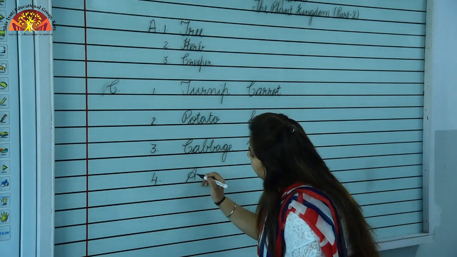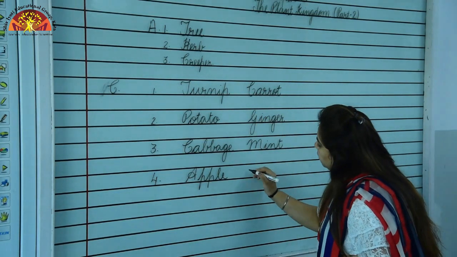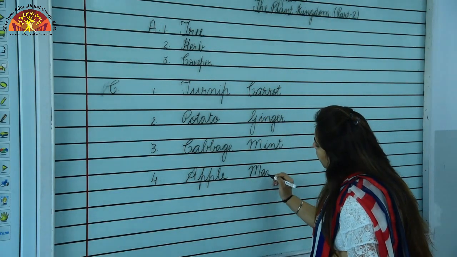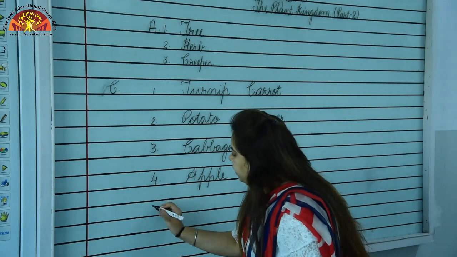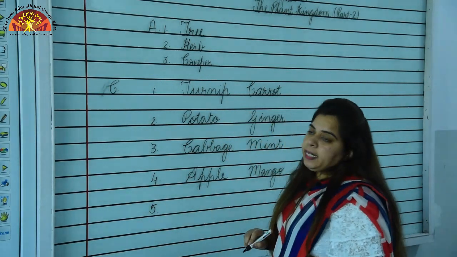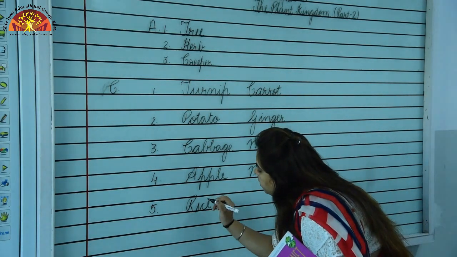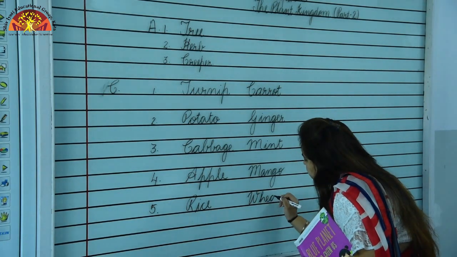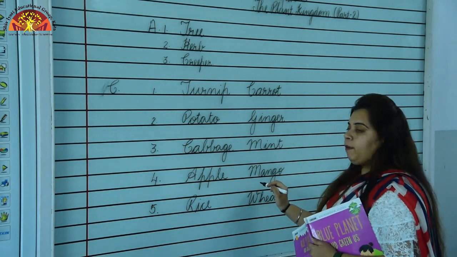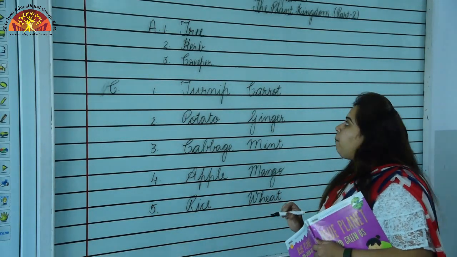A-P-P-L-E, apple. M-A-N-G-O, mango. And last number 5, seeds like R-I-C-E, rice, W-H-E-A-T, wheat. Here A and M will be capital, and in number 5 R and W will be capital.